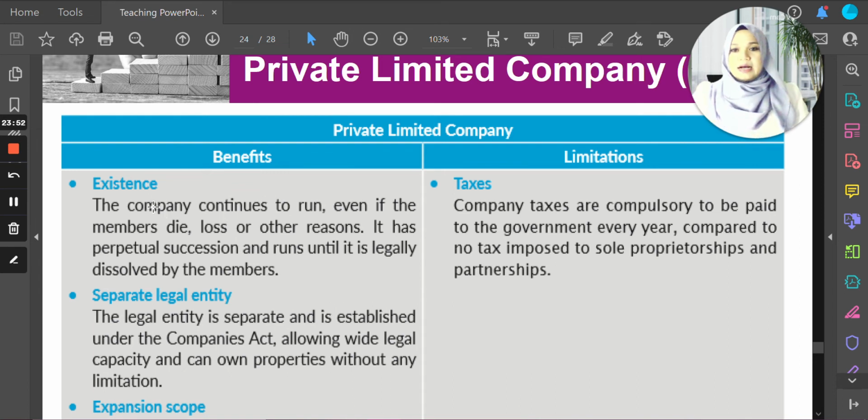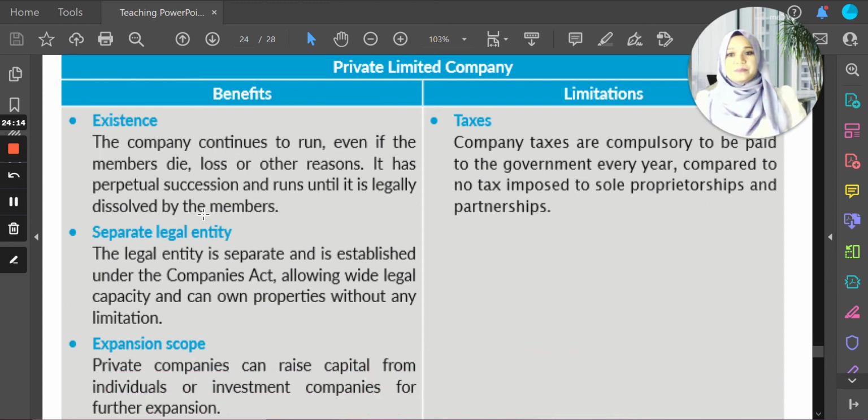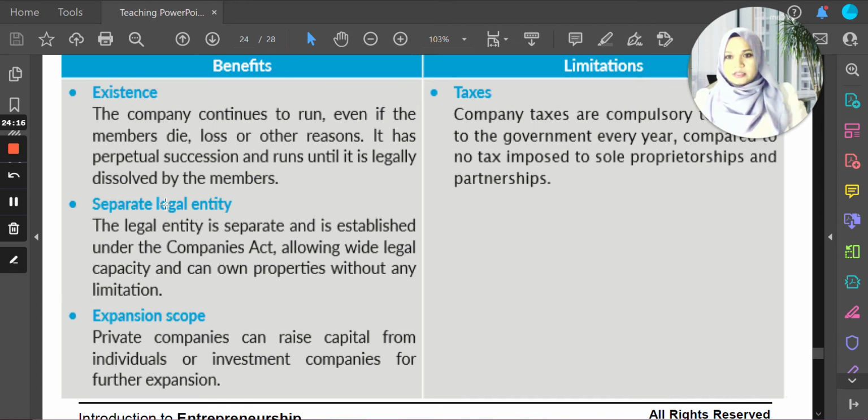Other than that, a benefit of a company is that it continues to run, even if a member dies or people opt out, the company will not be dissolved. Meaning it is still there because a company is a separate entity from the partners, like I said here, a separate legal entity.